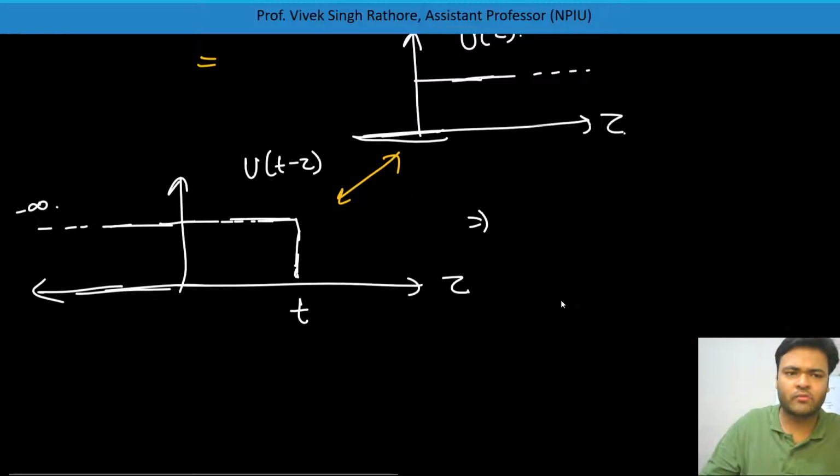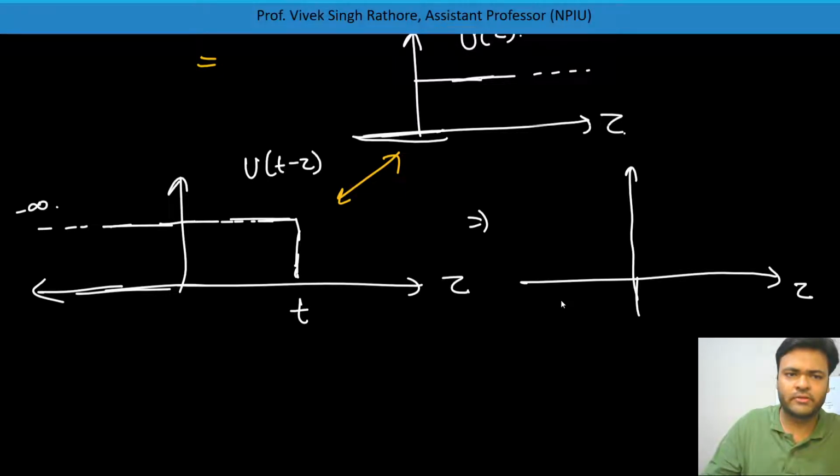So the final output I am plotting here. Tau is there and this is your base 0 value. On the negative side nothing will come, because anything multiplied by 0 will be 0 only, and anything multiplied by 1 will be the same value. So till the t value it will be there, from 0 to t.